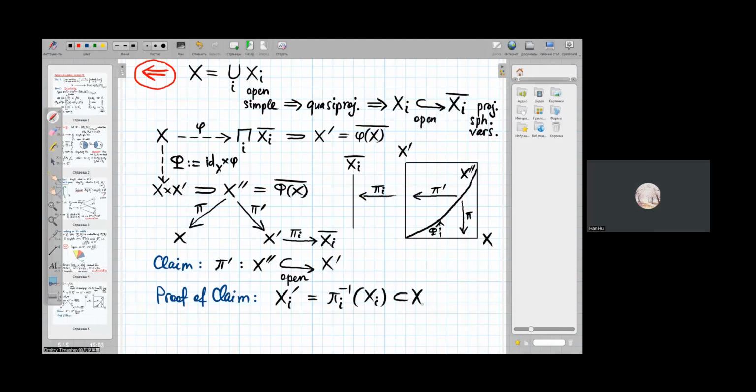These are open subsets in X prime. Let me indicate them in red, for instance. So we have this xi here, and the inverse image of this xi will give you an open subset xi prime.